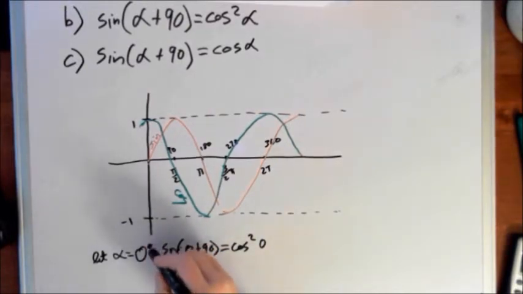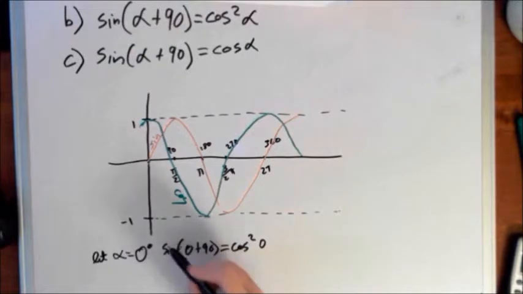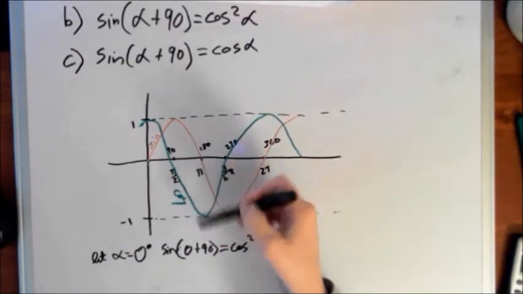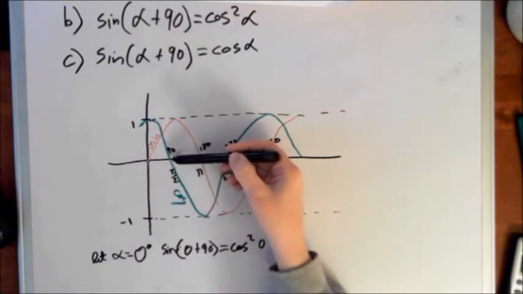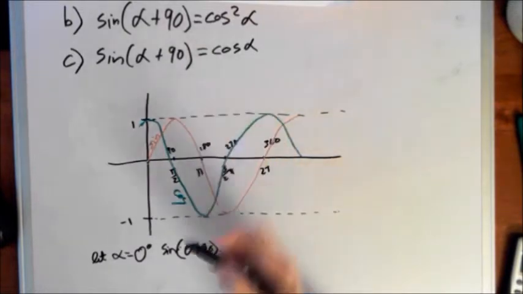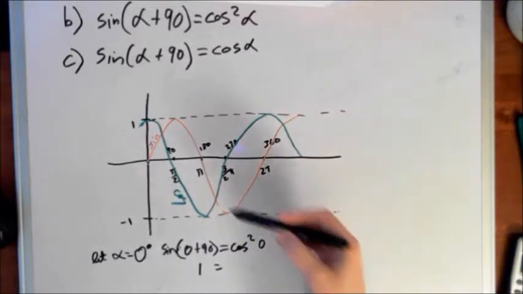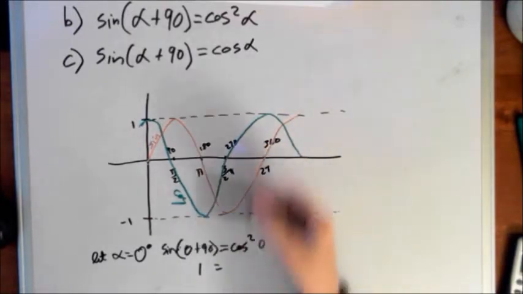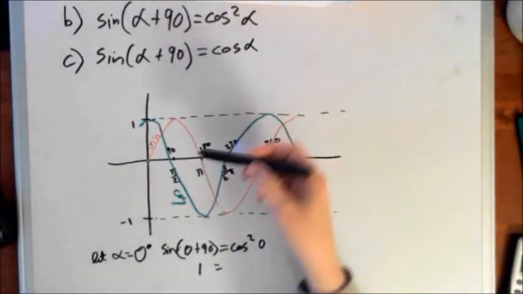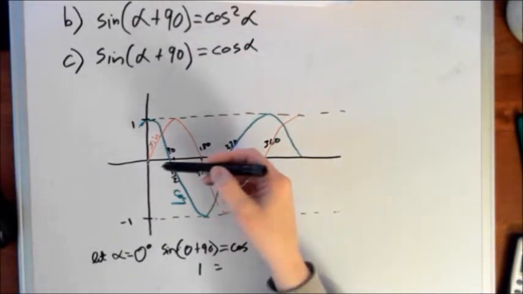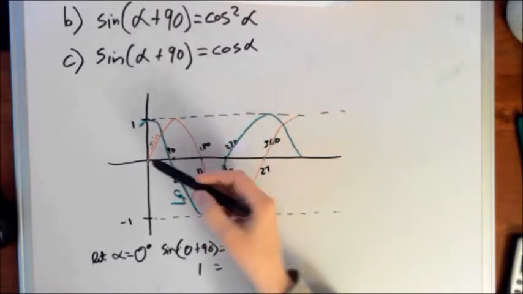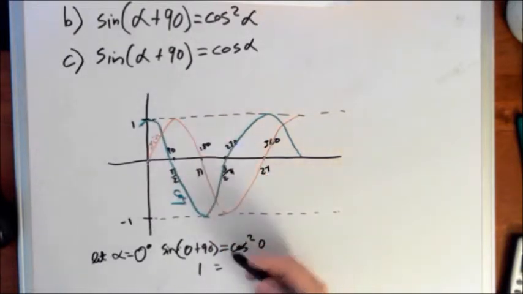So I'm just looking at sine of alpha, letting alpha be 0 degrees. So sine of 0 plus 90 is 90. So what's the sine at 90 degrees? Coming over to my 90-degree mark, sine is equal to 1. What's cosine equal to at 0 degrees? Because again, we're just going back to alpha. So cosine at 0, if I come to 0, cosine is equal to 1.